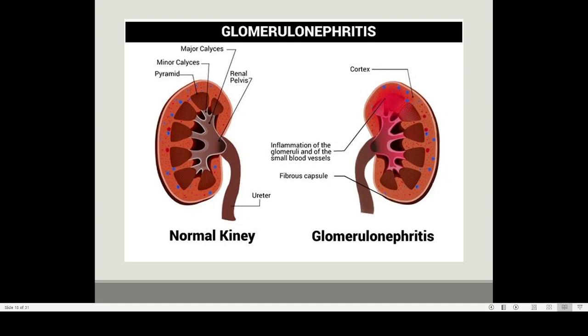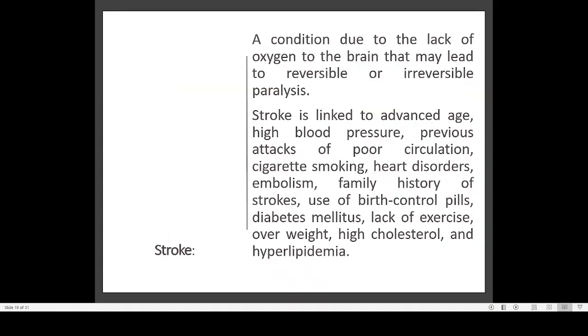So if urine formation is not taking place, what will happen? Ammonia as well as urea will accumulate in our blood. Ammonia and urea are poisonous substances, and that will lead to damage to almost all the organs of the body. This is what happens in the case of glomerulonephritis.